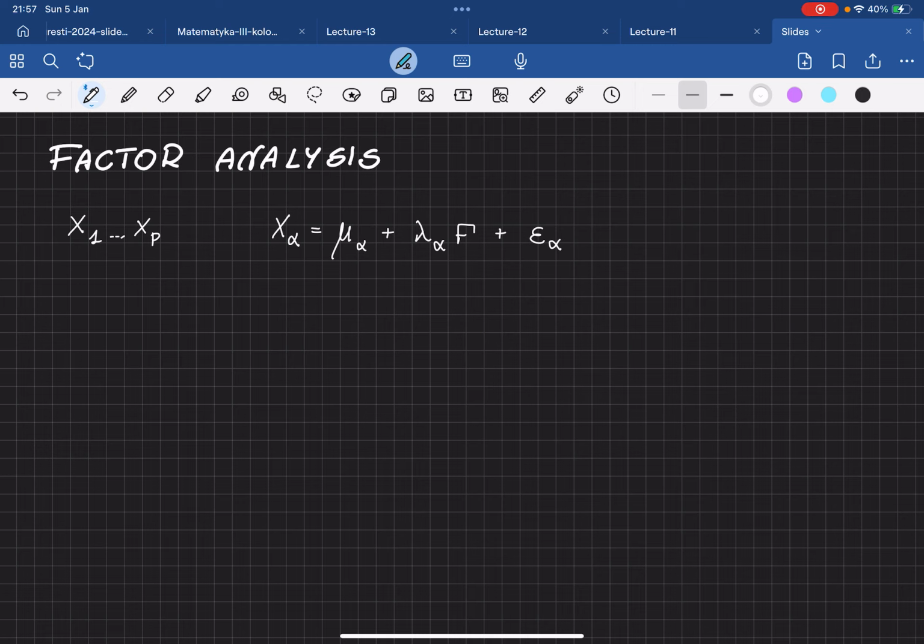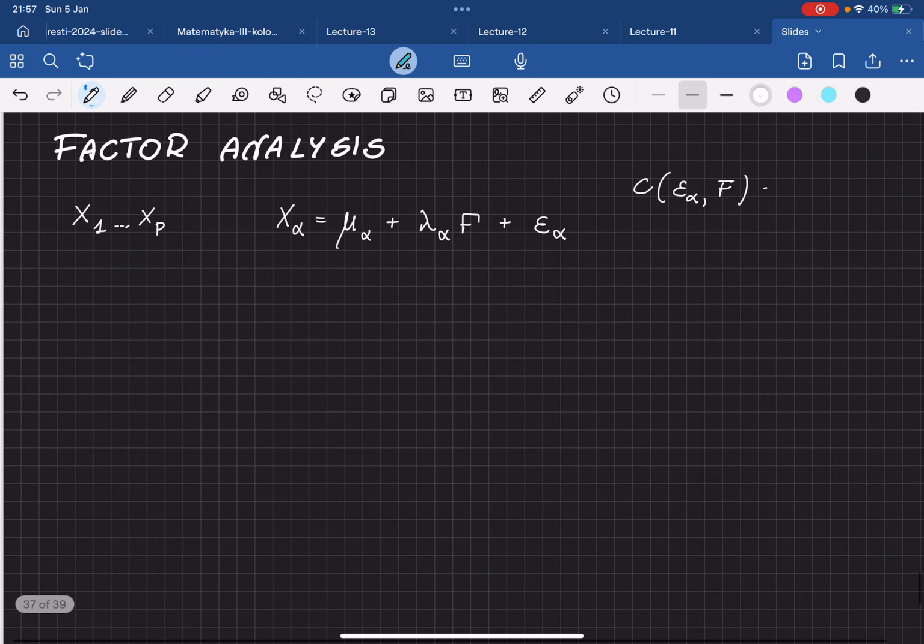The assumptions are that there is no correlation between error and the depression level, and there is no correlation between errors for different measured quantities.